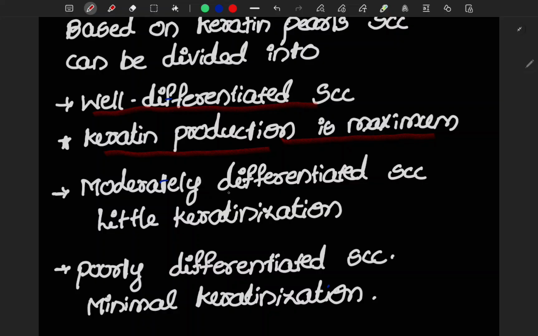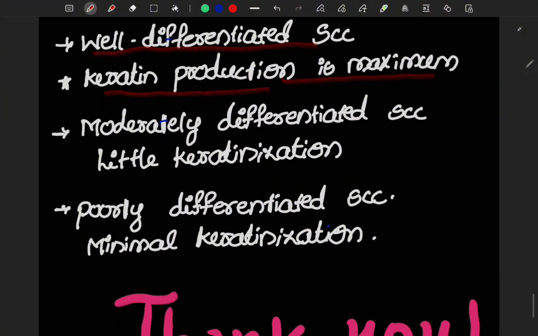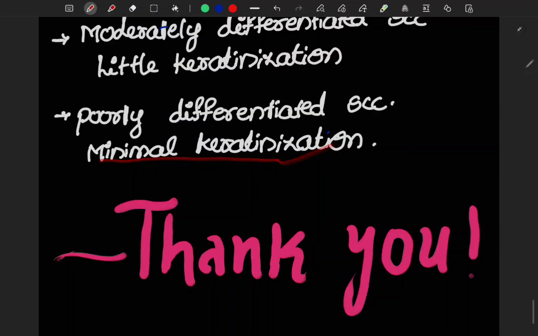In moderately differentiated squamous cell carcinoma, as the name suggests, there is a little production of keratin, meaning few keratin pearls. But in poorly differentiated squamous cell carcinoma, by definition there is minimal to no keratinization or keratin pearl production. So here ends the topic, and thank you.